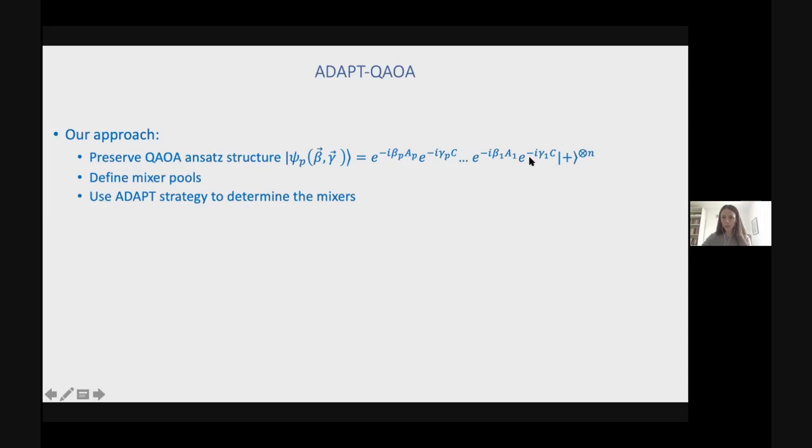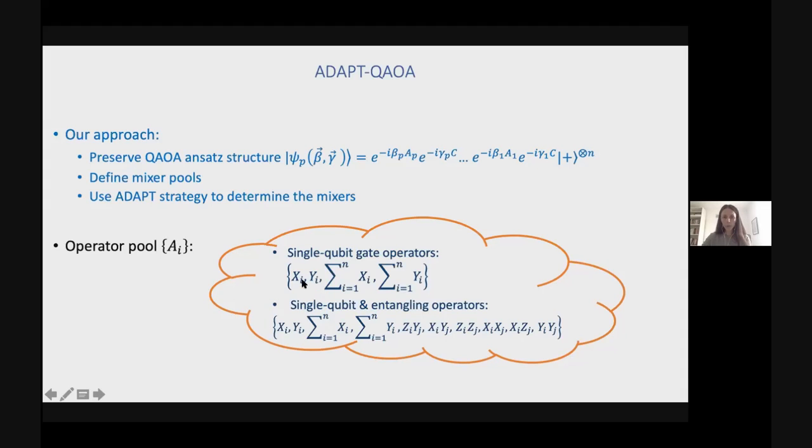So we alternate the problem Hamiltonian with some mixers, but now we allow the mixers to be something else. And following the ADAPT strategy that I talked about before, we allow the problem to kind of call for its own mixers. So we define a mixer pool, which is given by these operators, single qubit operators and entangling operators, as shown here.